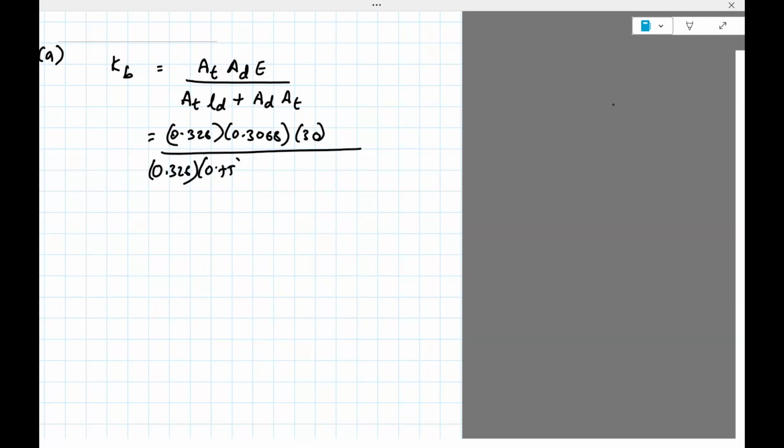LT was 0.75, LD was also 0.75. And then that's about it. So KB is 5.21 Mlbf per inch.